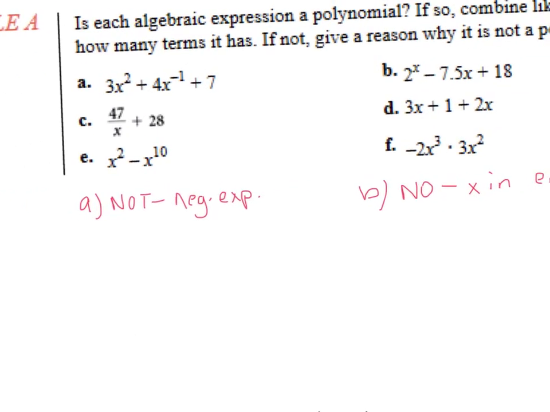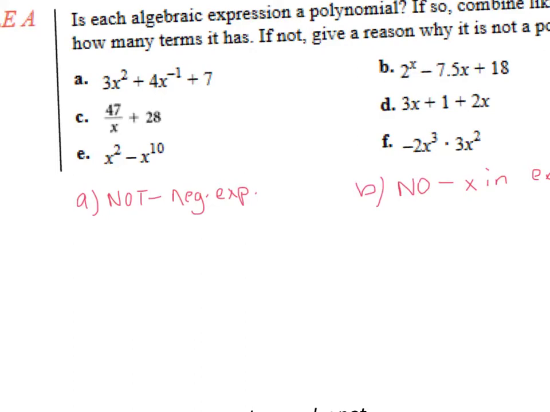Moving on to C, we don't have any negative exponents or fractional exponents or variables in the exponent, but we do have an x in the denominator. So we would have to answer yes to that question, which means that it is not a polynomial.